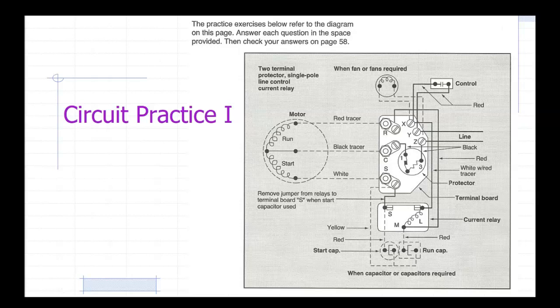Now looking at where my power lines are, they come in at Y and Z. You'll see that? So is the fan across the power source? No, it is not. Okay.